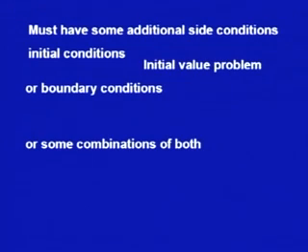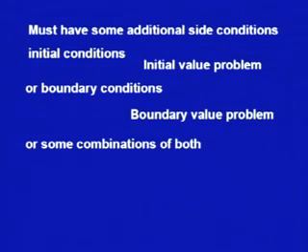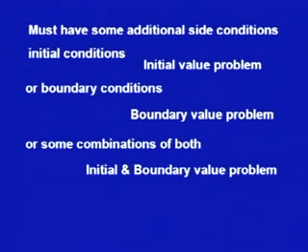So here also we call it an initial value problem. With boundary conditions imposed, we call it a boundary value problem. And when my partial differential equation has both kinds of side conditions, initial as well as boundary conditions, we call it an initial and boundary value problem, or simply an initial boundary value problem.